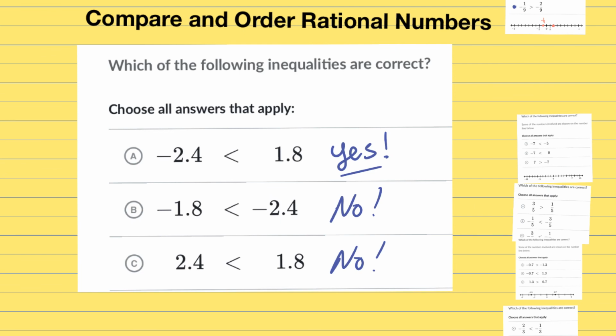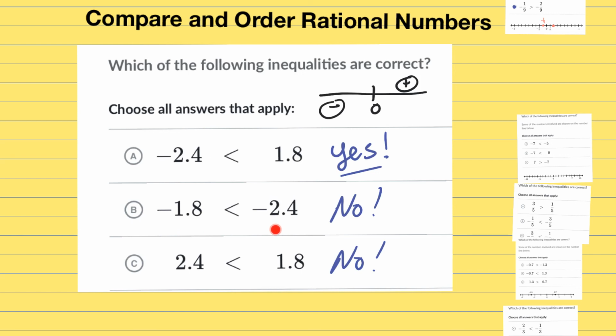So, is it possible that negative 2.4 is less than 1.8? Yes. And all of these things might be easier if you visualize a number line, right? If you always visualize a number line and you know where 0 is, you don't need to know where the numbers go exactly. You just know that anything over in the negative is less than anything over in the positive. Next one was negative 1.8.